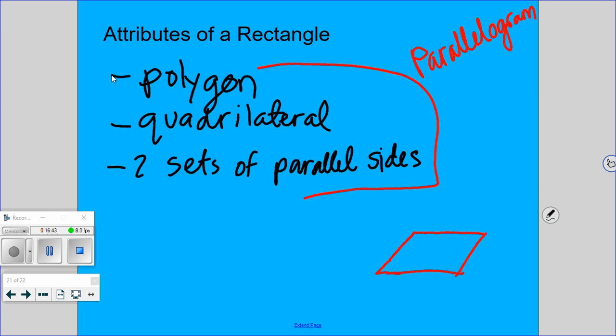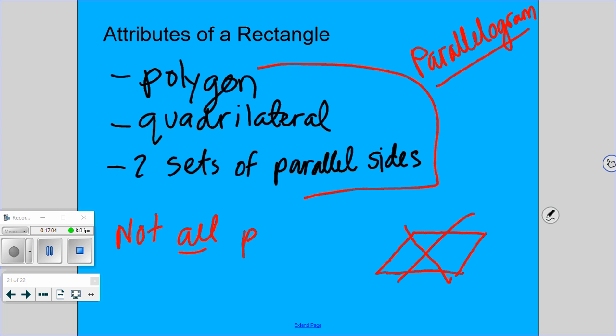Is that shape also a rectangle? You know what a rectangle looks like. Is that a rectangle? No. So not all parallelograms are rectangles. This is really tricky.